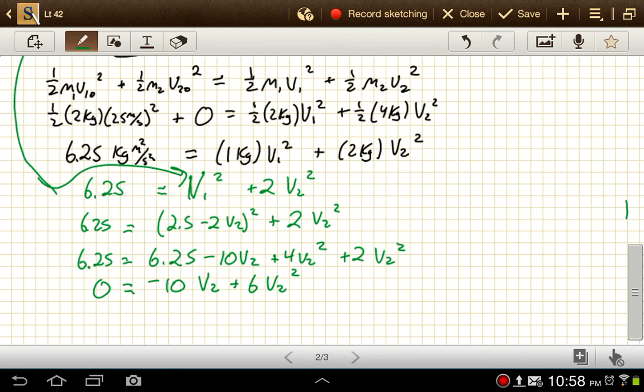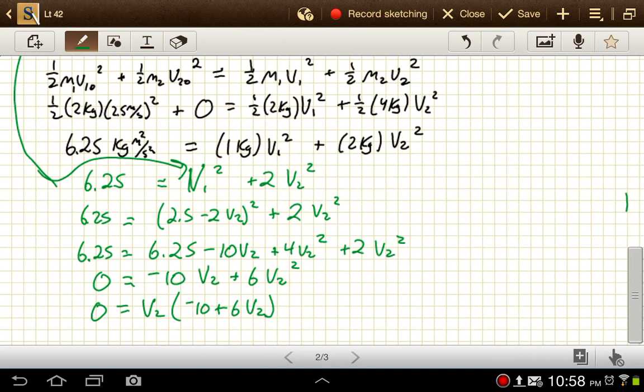And so my possible solutions would be when v2 is 0, or when negative 10 plus 6 v2 is equal to 0, which would mean that v2 is 10/6 or 5/3, or about 1.67 meters per second.